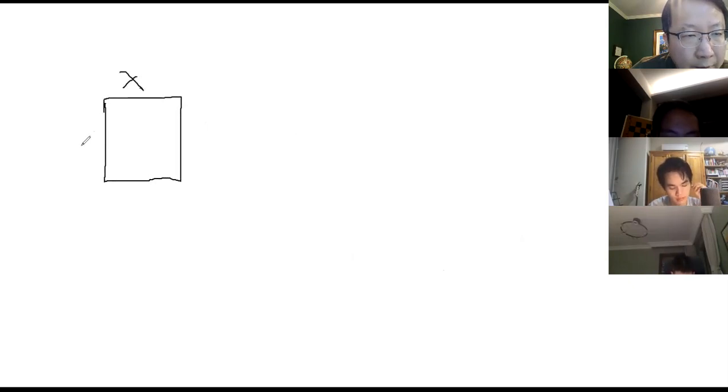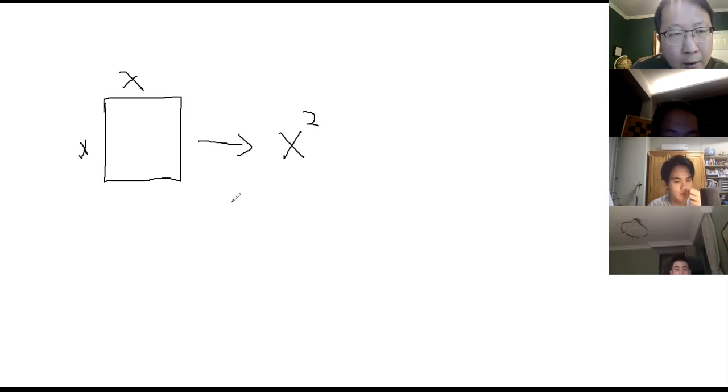This is x, this is x, a square. This area is x squared, correct? This function of x squared really means, so derivative really means you want to.